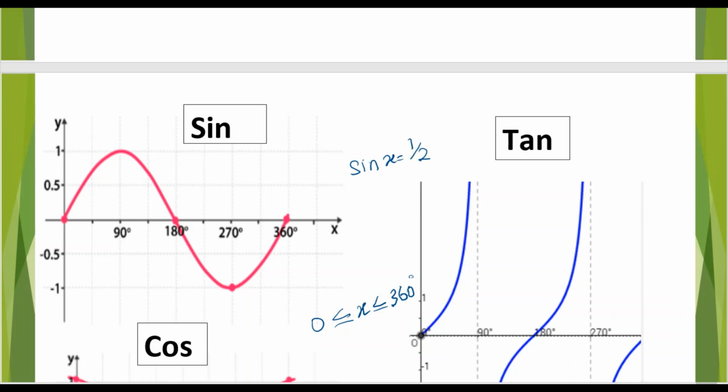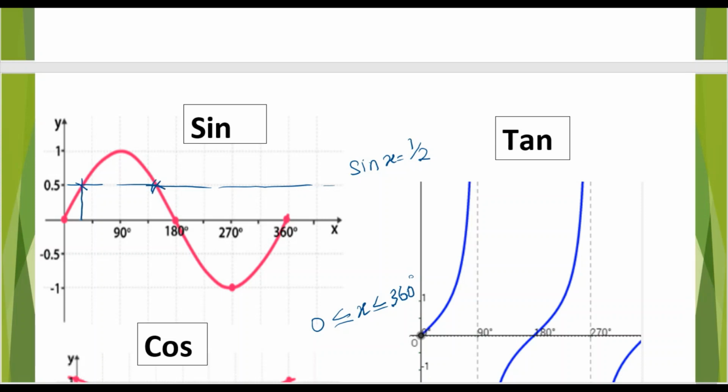Use the calculator to find the value of sine inverse of 1 over 2, which is nothing but 30. In order to find the solutions of that function, sin x equal to 1 over 2, draw a line here. And to find the solutions, mark the points where it crosses the sine curve.